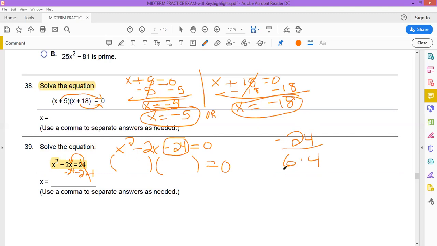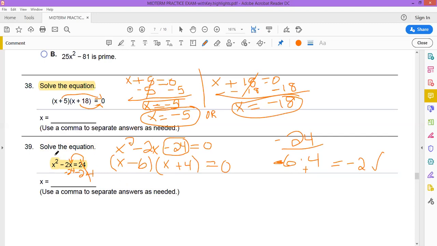Because we want a negative 2, then we need the bigger number to be negative. We can check that. Negative 6 plus 4, does that give us negative 2? And it does. So we know these are the correct factors. So we have a minus 6 and a positive 4. Our x squared will be factored as x and x.